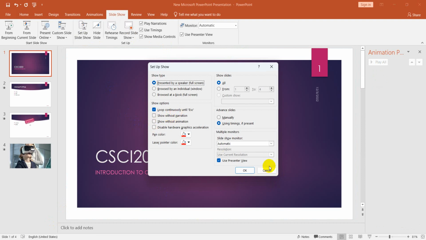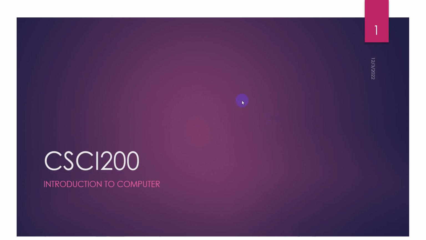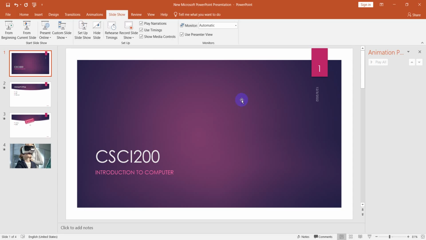So the slideshow will be displayed continuously or infinitely. When we hit the last slide, we will return to the first slide and to exit the slideshow we need to click on the escape on the keyboard to exit the slideshow. So escape to exit the slideshow.